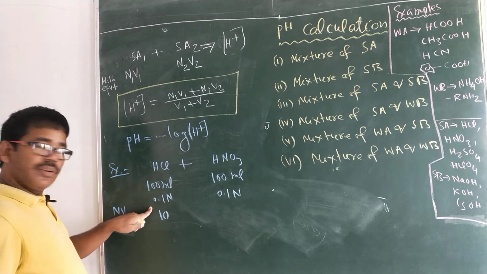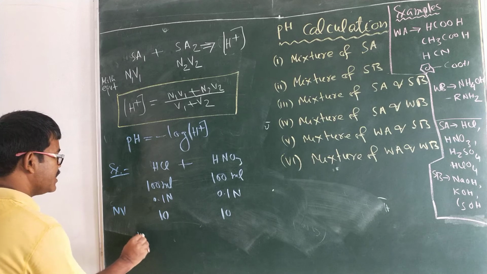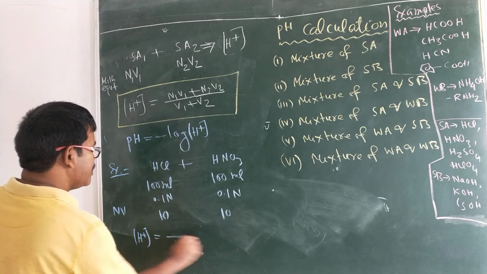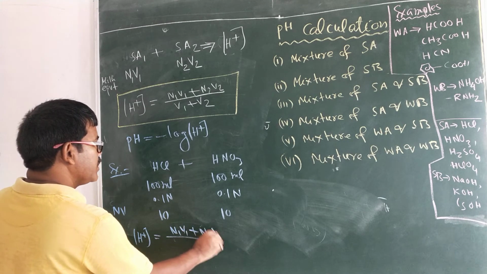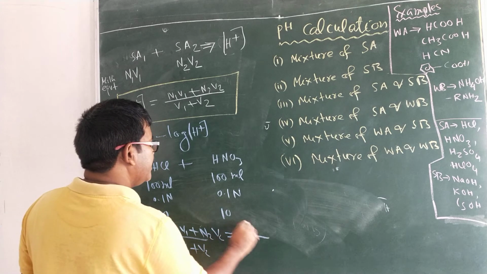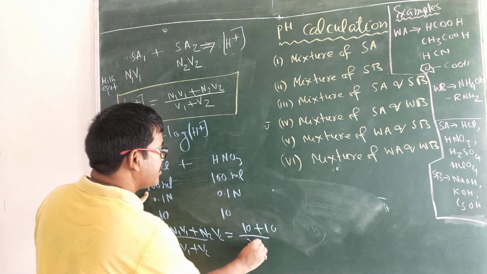Milli equivalent for this also will be 10. Therefore, the resulting solution will be acidic. That H plus ion concentration is nothing but N1 V1 plus N2 V2 by V1 plus V2. Therefore, we are getting 10 plus 10 divided by 100 plus 100, that is 200.